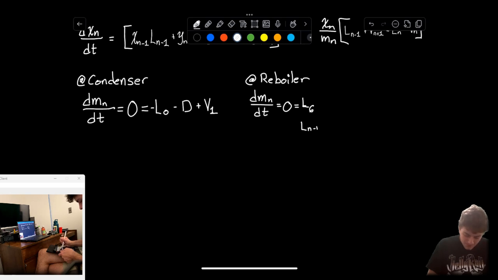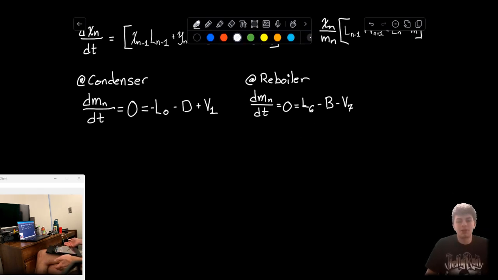That's coming in. We're subtracting the bottoms flow rate, and we should be subtracting vapor flow rate for stage N, which is stage 7, right? And so that kind of shows how we can use our equations here. Again, this isn't really derivation, but it's something I wanted to write down as our special cases, our ends. And our feed stage, of course, is going to be our special case, but that one we don't really know any more about what we can write until we see what we're trying to simulate. They have to specify the feed to some extent.